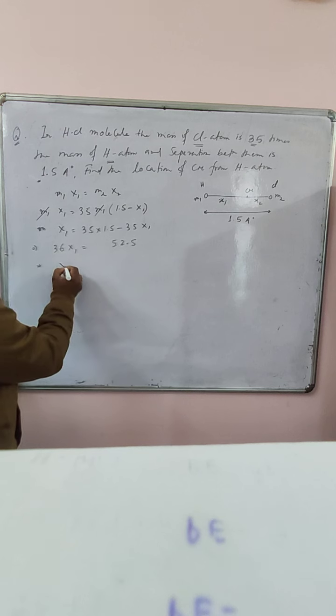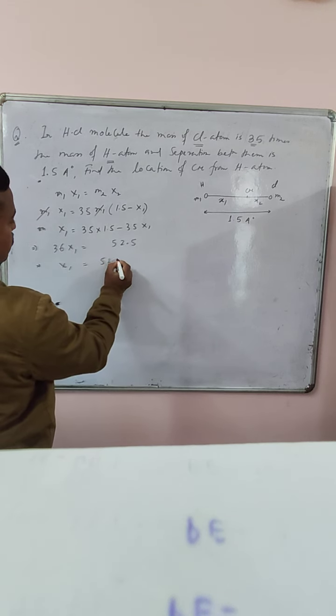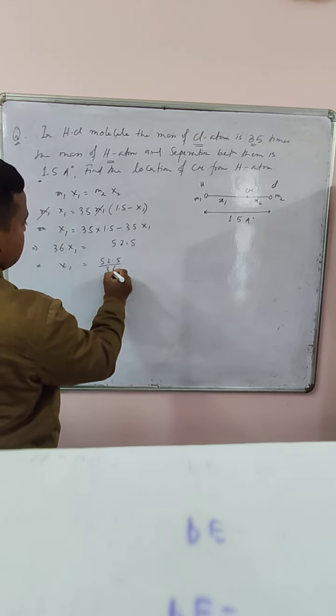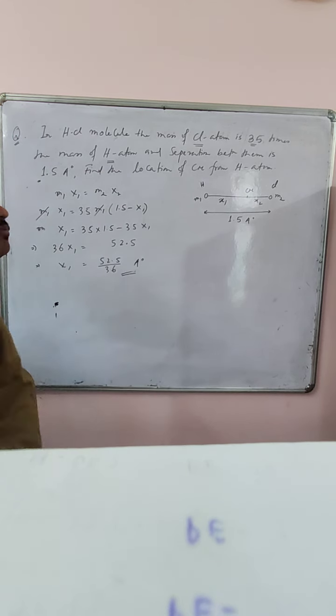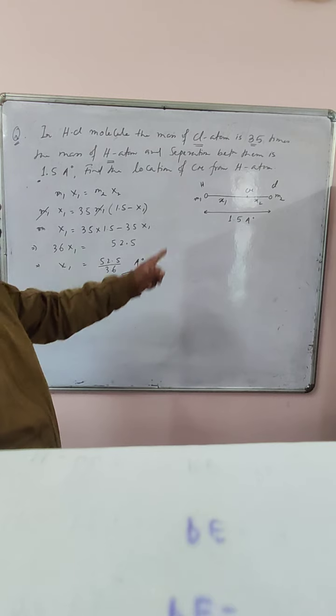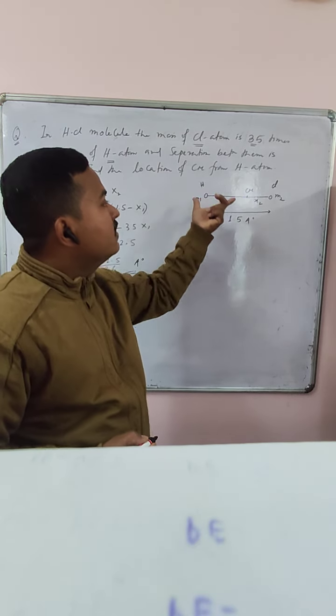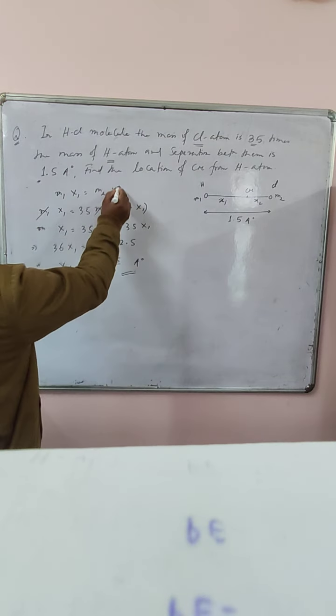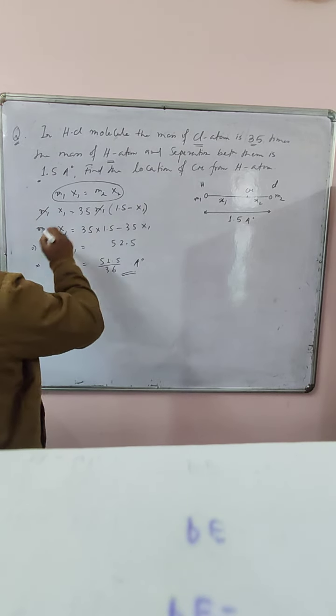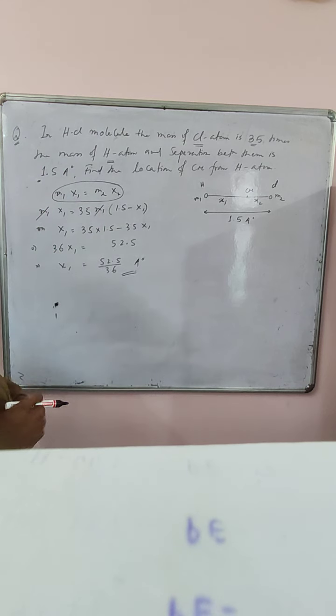So x1 will be 52.5 by 36. Just divide it, you can find the value. This way you can find out the location of center of mass of a two particle system. Whenever these types of questions are asked, you always use this relation to find the location of center of mass, m1 x1 equal to m2 x2.